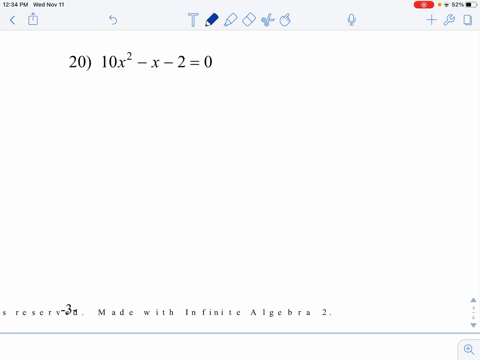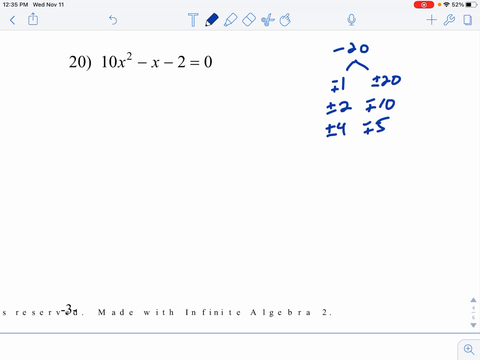So number 20, kind of the same way. Multiply these together. 10 times negative 2 is negative 20. And now break it down into anything that could multiply to give you negative 20. So that could be negative 1 times positive 20, or positive 1 times negative 20. 2 times 10, plus minus minus plus, 4 times 5, plus minus minus plus. Anything else that'll multiply to equal 20?